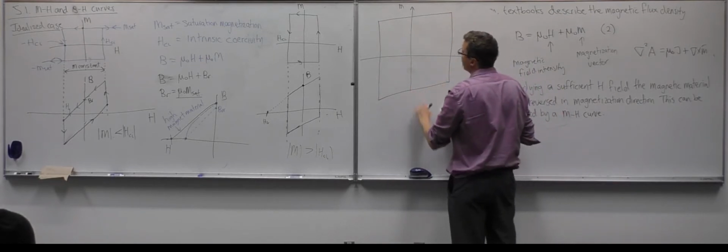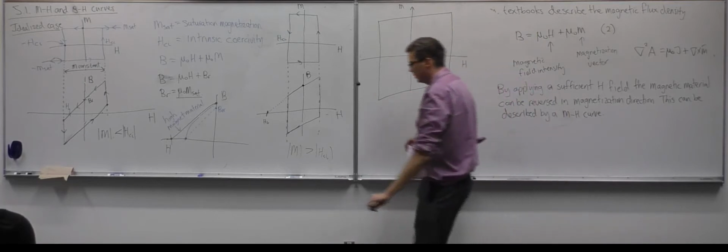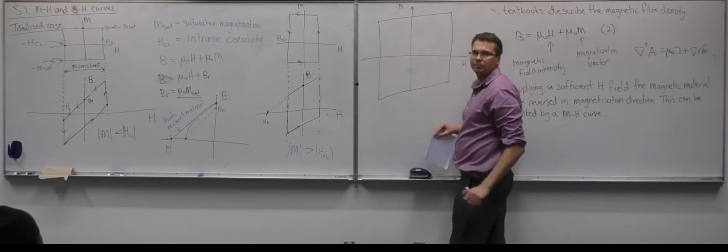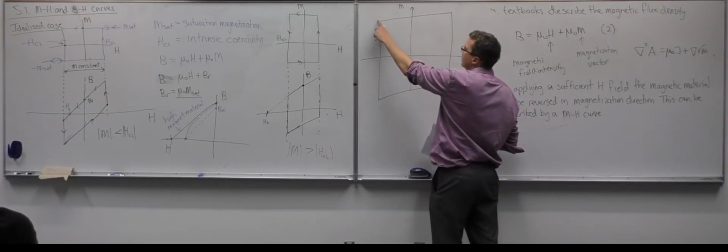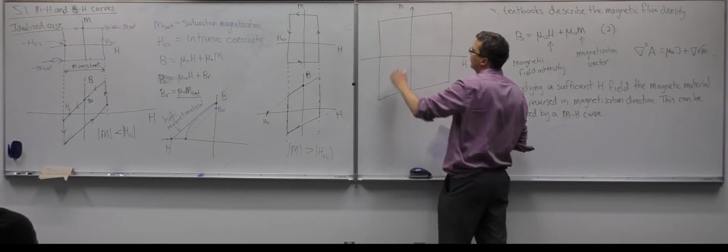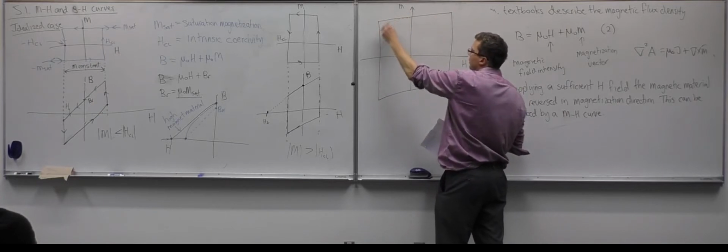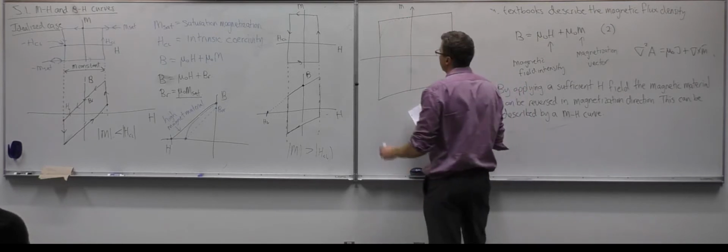Like this. An actual magnet material wouldn't have a nice 90-degree angle here. It would have a curve on there, something like that.